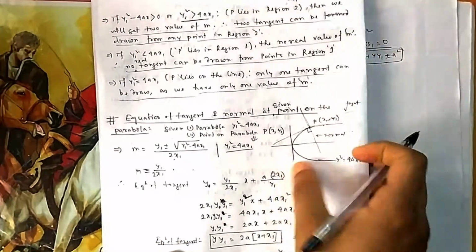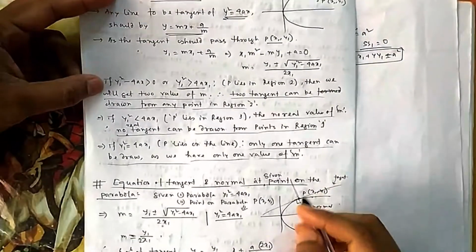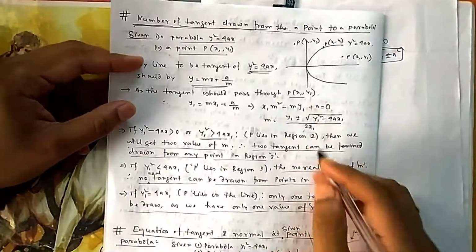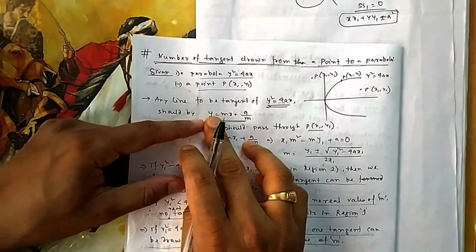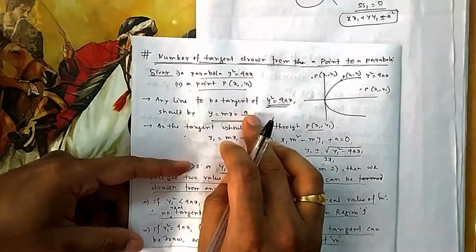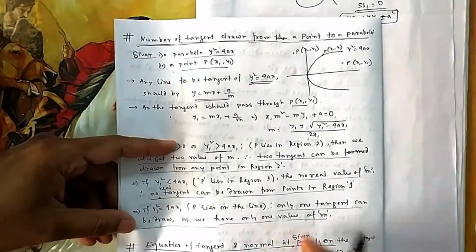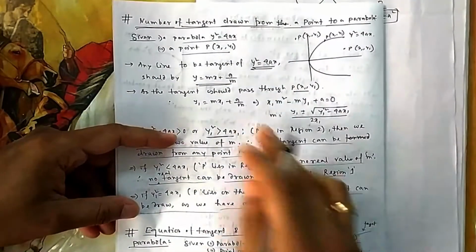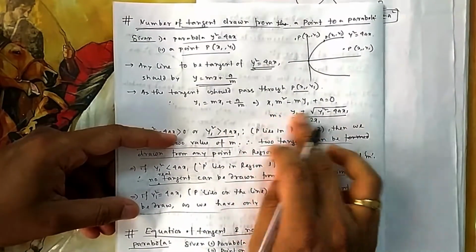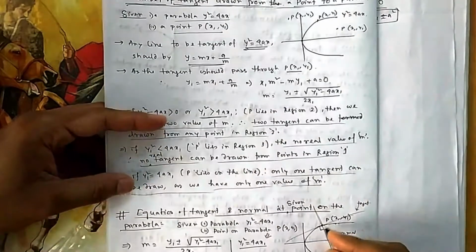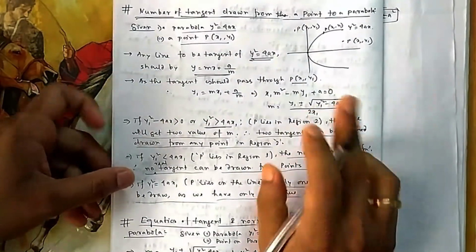So now for parabola, you can see your last article. If I take a tangent, suppose the tangent is of this fashion, y equal to mx plus a by m for this parabola, and it has to pass through the point x1, y1, so it has to satisfy this one. Now if you see this m, because it is on the line, this should give me only one value.